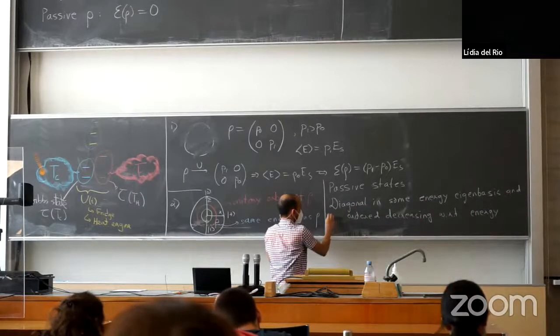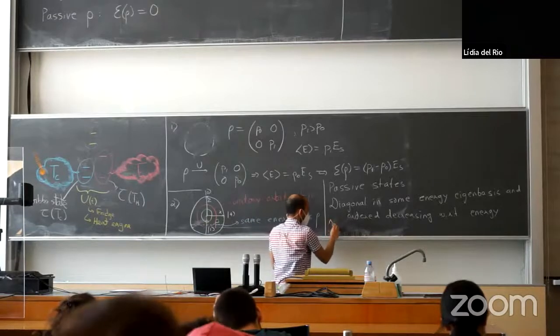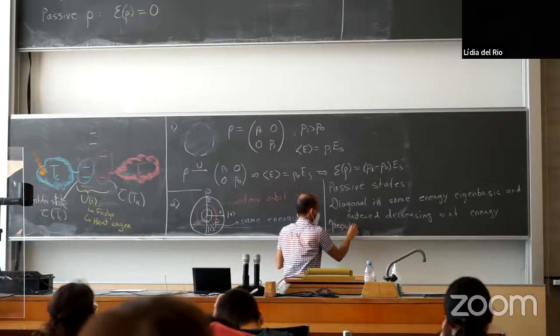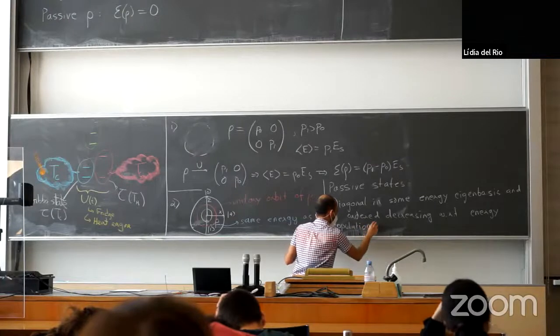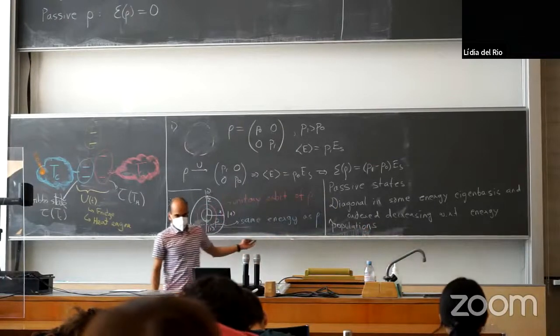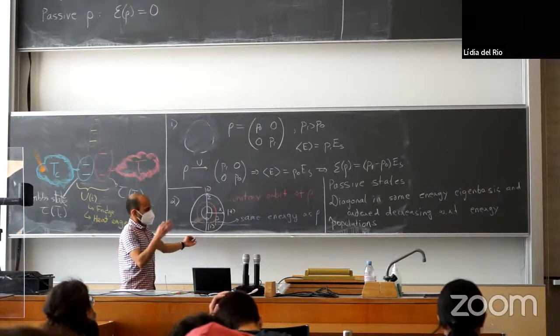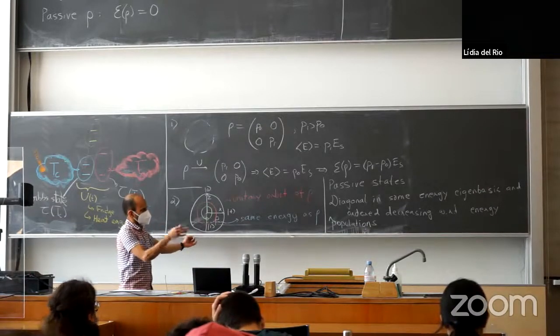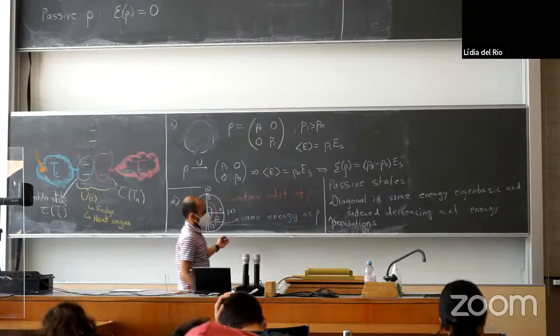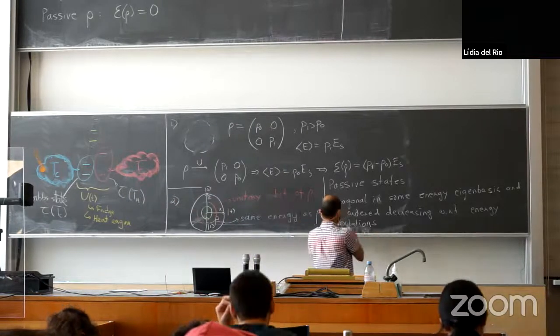And here are the populations. So the state has to be, I have to be able to find an energy eigenbasis such that it is diagonal in that basis and it is ordered decreasing with respect to the populations.